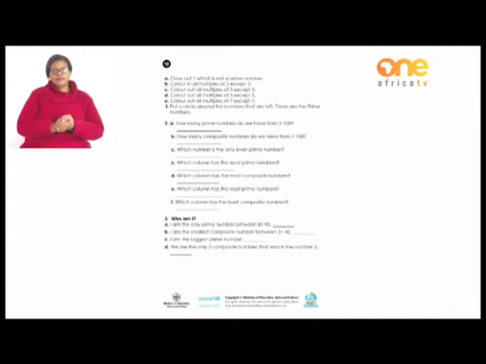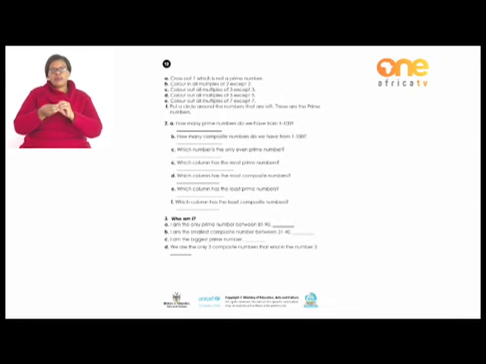Now, once you are done, at least up to E, you're going to notice certain things. You will notice that some numbers are colored and some numbers are not colored. So what does that mean? All the numbers that are not colored, they are your prime numbers. Okay? And if we look at question F, it says, put a circle around the numbers that are left.